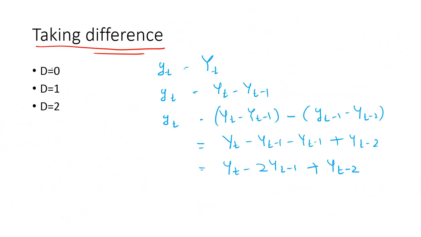So how do we take the difference? How do we introduce difference in the ARIMA class of models? We had the ARMA previously. Now we have an additional term, which is I. I stands for integrated.